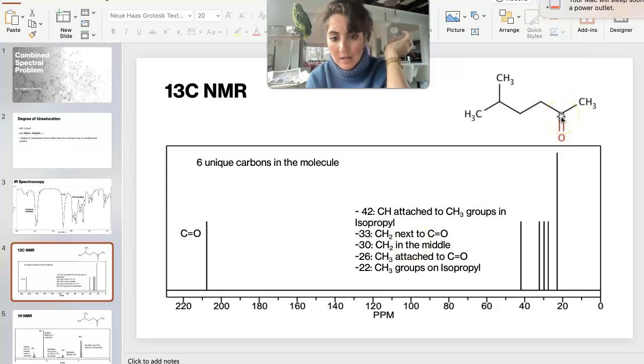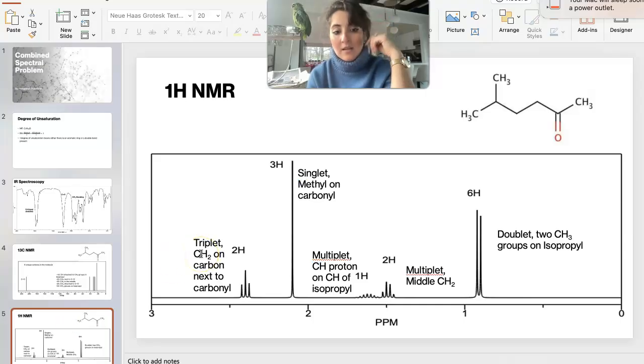I believe that's the CH2 right here, right next to the carbon that's double bonded to the oxygen. Next one is 30, which is this CH2 right here. Next one is 26, which is this CH3 here. And last but not least is the 22 waveform, which you can tell is at a higher peak. I believe those are the 2 carbons on my isopropyl group that are identical to each other.